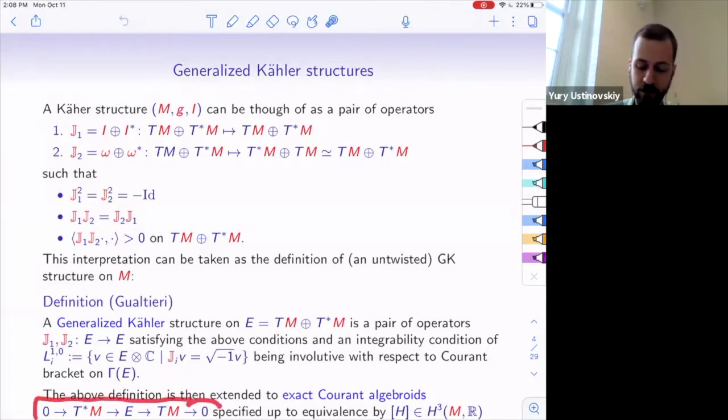These are classified by a class in third cohomology up to equivalence. So this three-cohomology class will be important for us, but the specific definition will not, because quite quickly I would like to switch to another interpretation of generalized Kähler structures through the language of bi-Hermitian geometry.